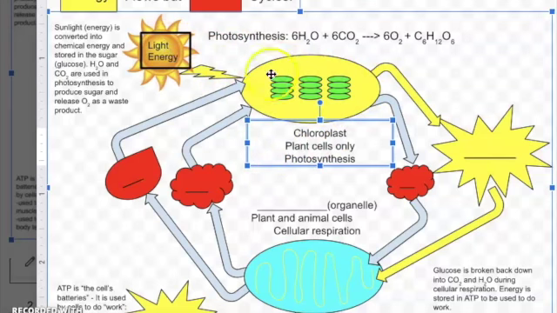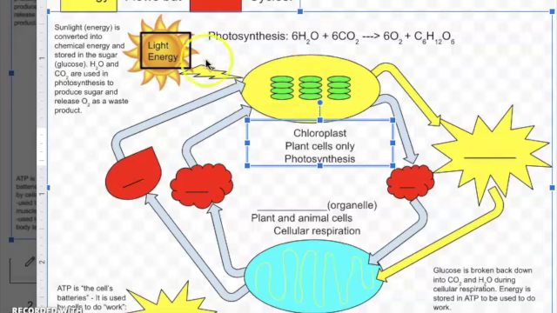So we have light energy being captured by the chloroplast, and specifically, it's being captured by the chlorophyll that's in each of these little thylakoid structures. Those pancake-like structures are thylakoids. Inside the thylakoid is that light-capturing pigment, chlorophyll, and these are within the chloroplast.